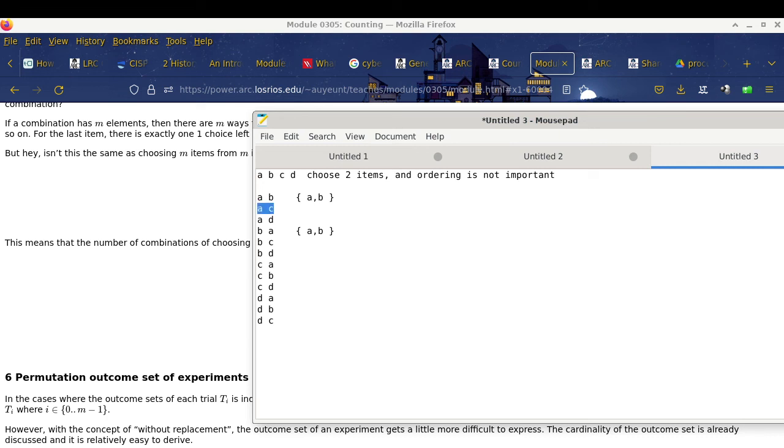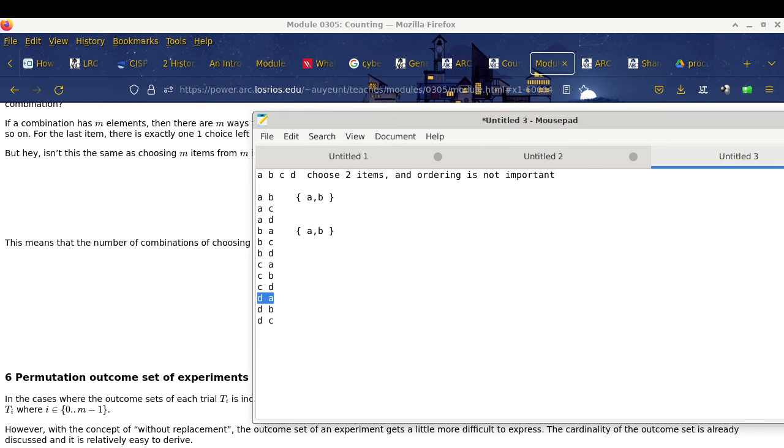Then I look at AC, and CA is also over here. I look at AD, and DA is also over here, and so on. The question is, what is the ratio? If I look at one particular way to get 2 items, how many times does it appear as permutations? That turns out to be 2 factorial, which is just 2.